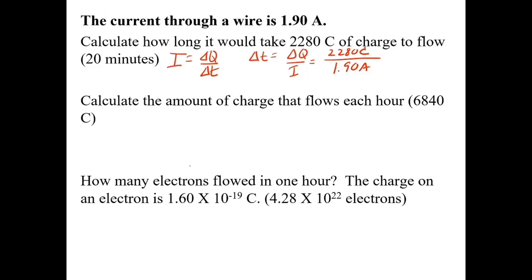And we get kind of a big number there because we're going to calculate it in seconds. So delta T is 1200 seconds, but let's make that into minutes. It's much easier for us to say 20 minutes. That's what we would prefer.